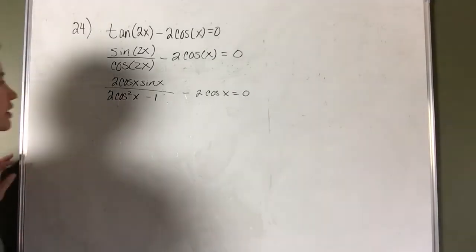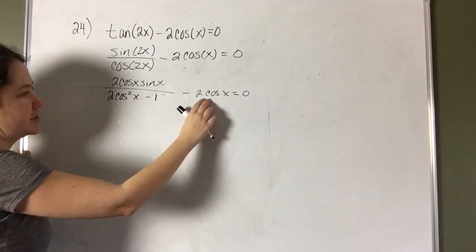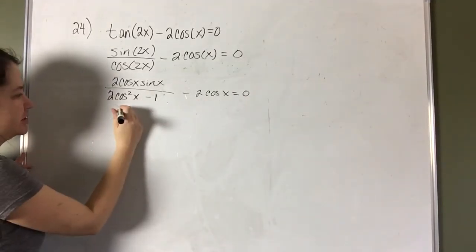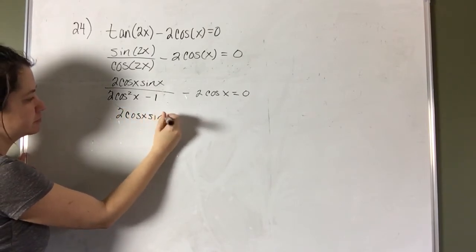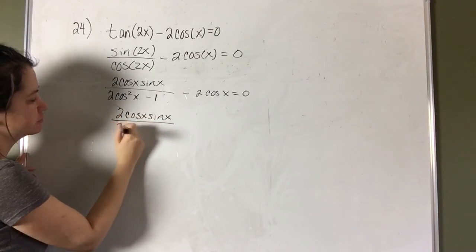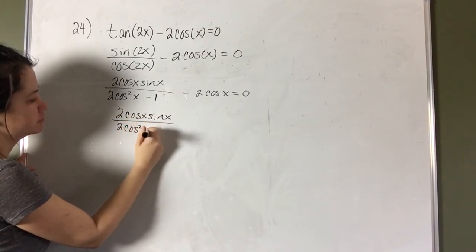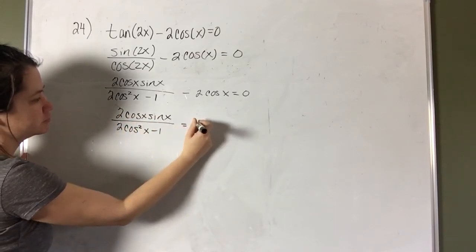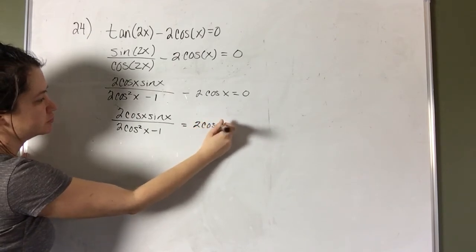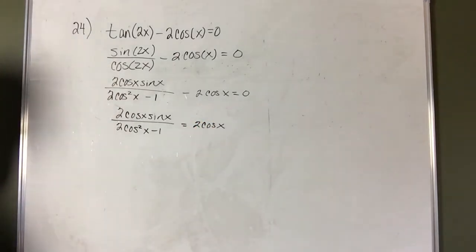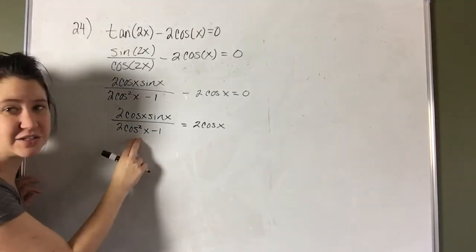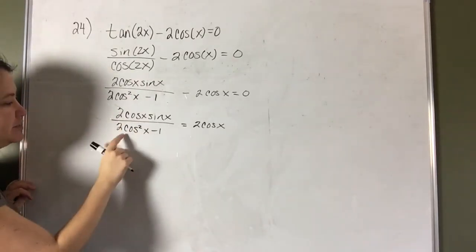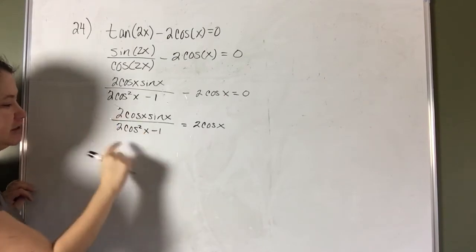Alright, next, I'm going to actually add this 2 cosine x over to the other side. And then I want to get rid of the fraction. Okay, so let's multiply both sides by the denominator.